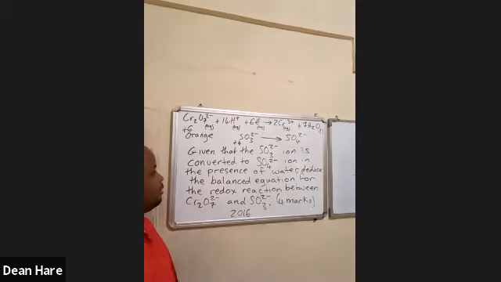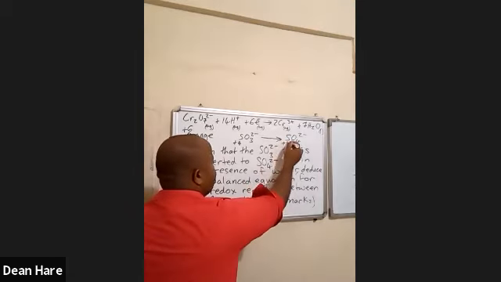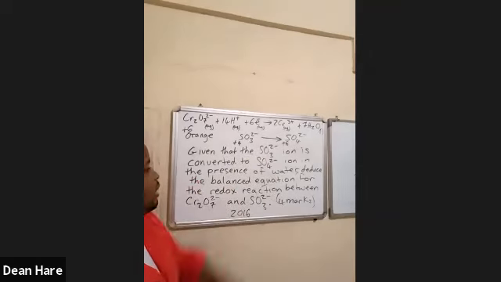So sulfur is in which state here? Plus 4. All right, and it is in which state here? Plus 6. All right, so the oxidation state increased, right? Yes, sir. So it was oxidized. So that's the next way of looking at it. All right, so you can go ahead now.